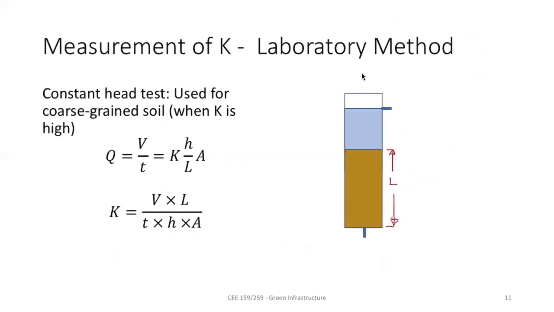What you do is you pack the soil inside it, and then you add stormwater here. When the stormwater is added, this will increase the head. But you want to maintain a constant head, which is here.